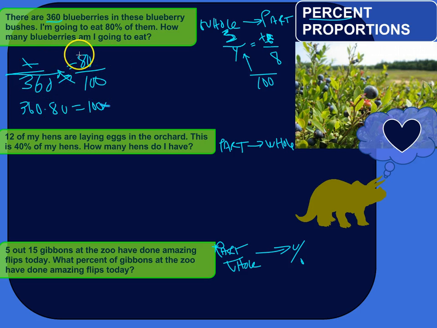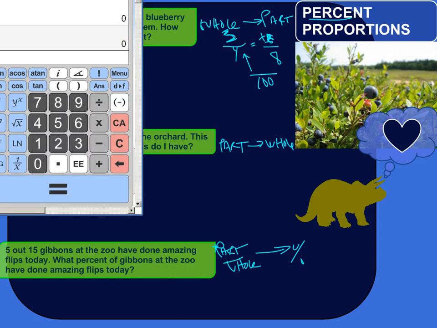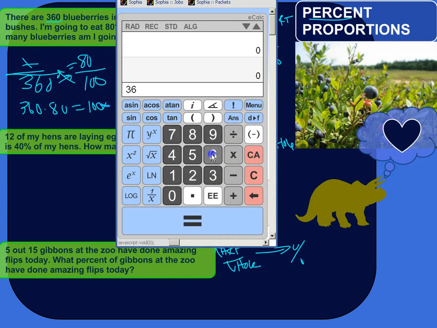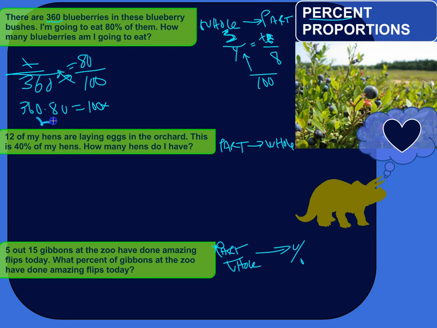It doesn't really matter what order you do it in. Just cross multiply and set those equal to each other. So 360 times 80, let's do that on the calculator to save some time, is 28,800. That's equal to 100x.